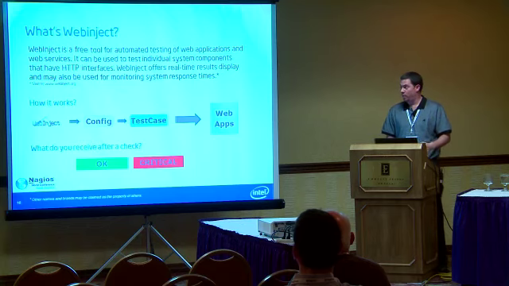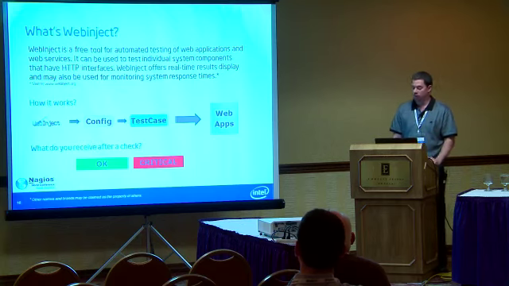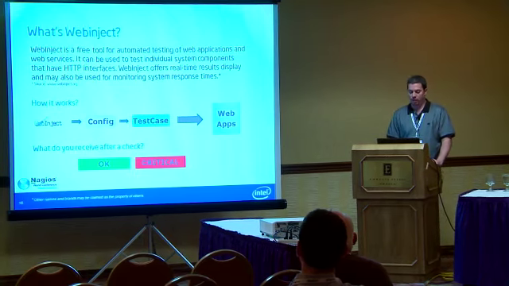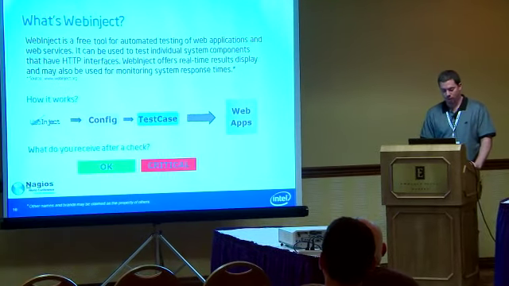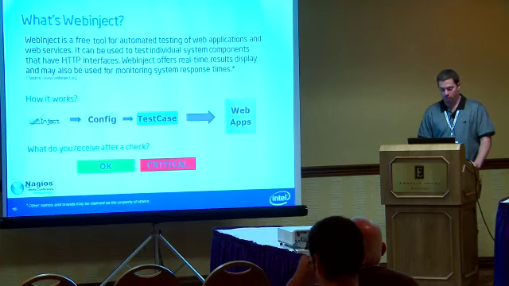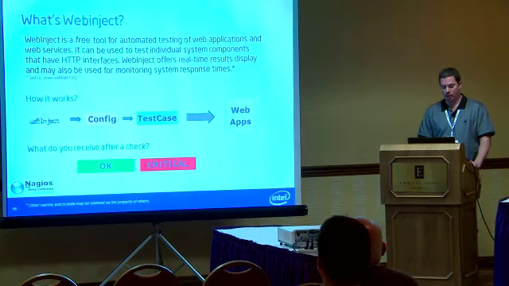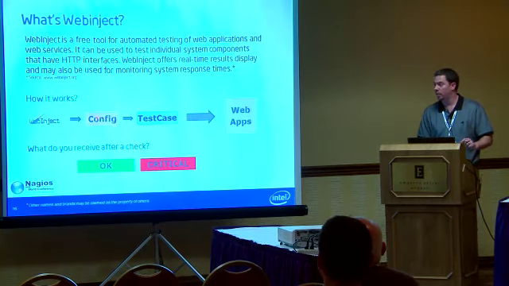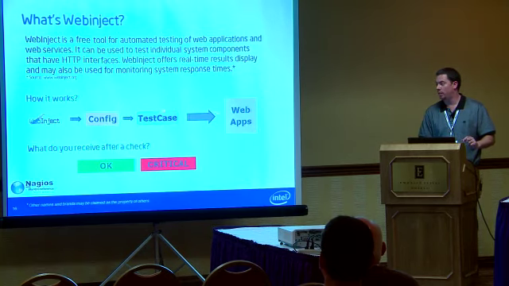What we use is WebInject. It is a free tool for automated testing of web applications and web services. How does it work? You have the WebInject engine that has a config file that calls a test case file and applies some logic to the web application's response.